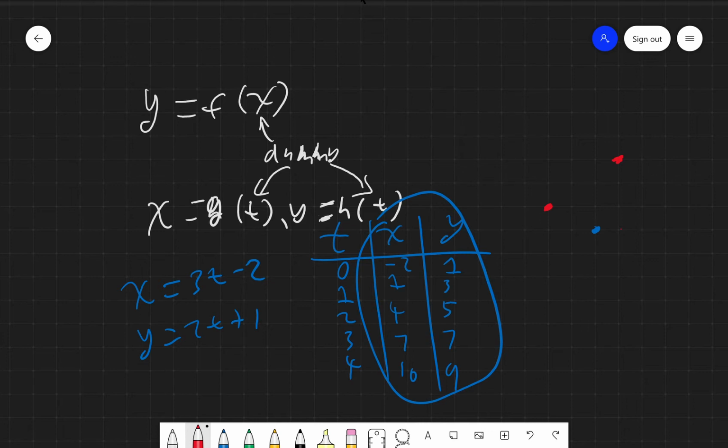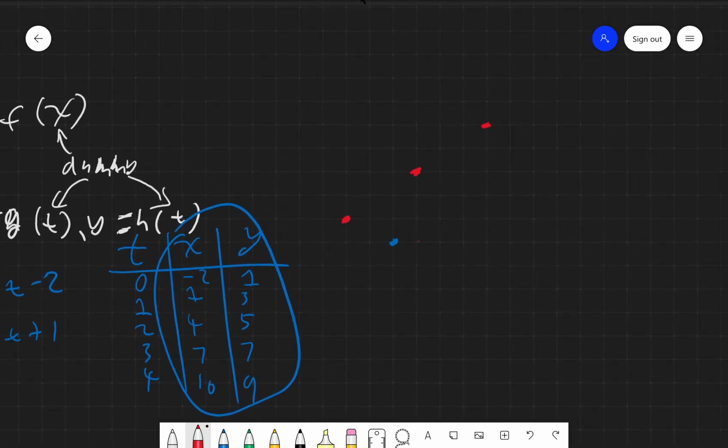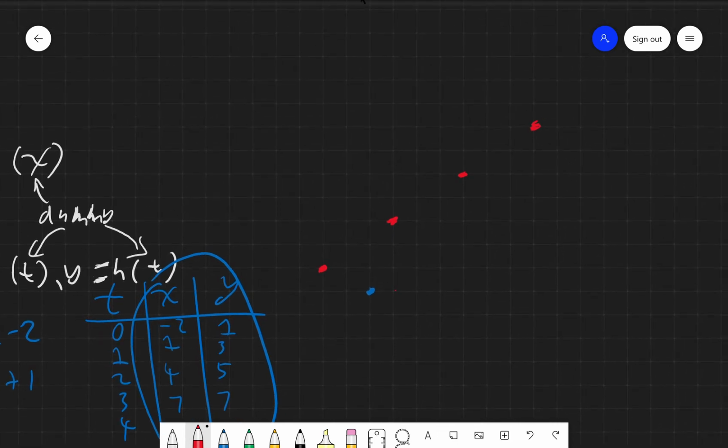So now it's like connected dots, right? 1, 2, 3, 4, 5. Then 7: 1, 2, 3, 4, 5, 6, 7. Then 10, it's just 3 more, and then 2 more.